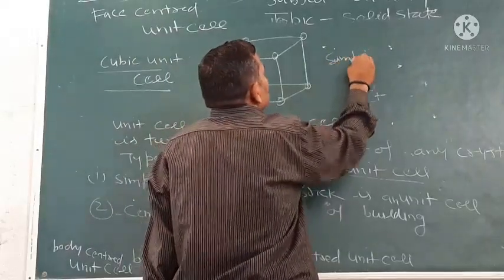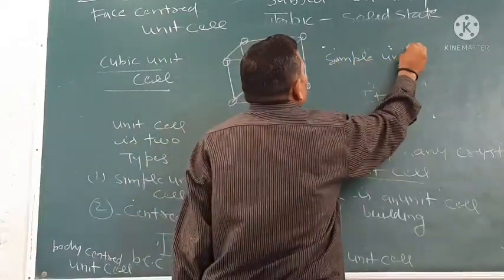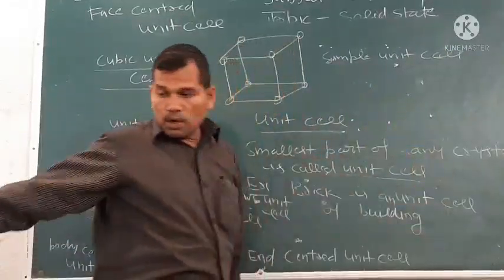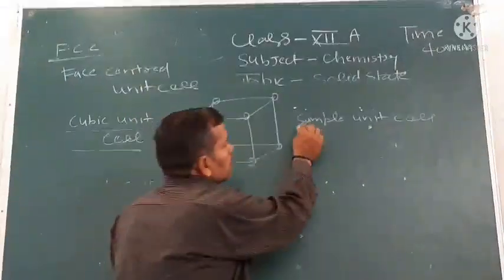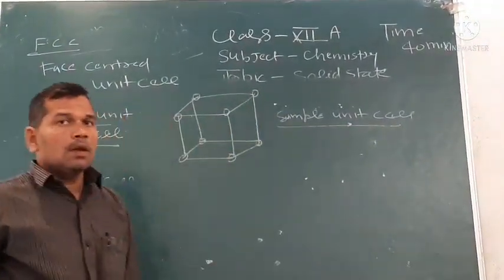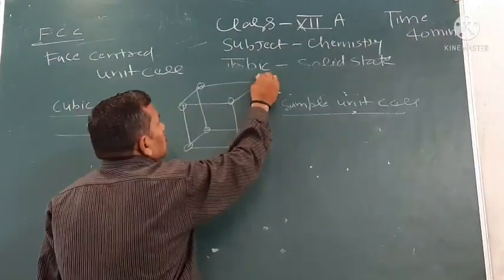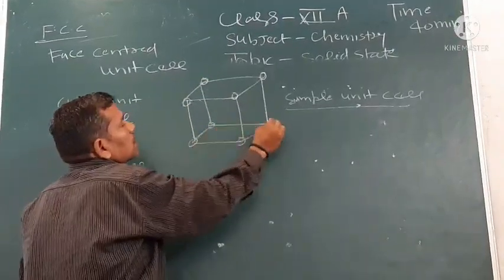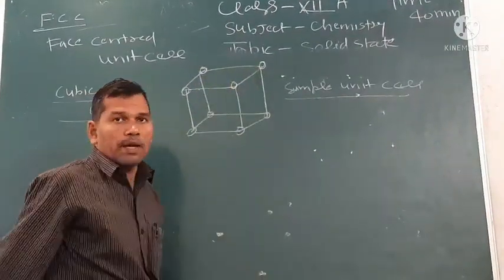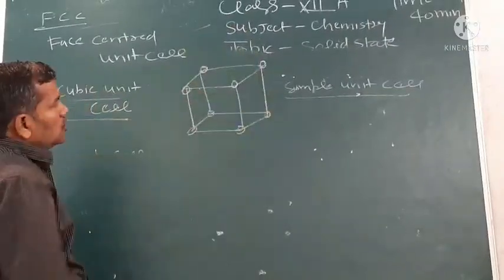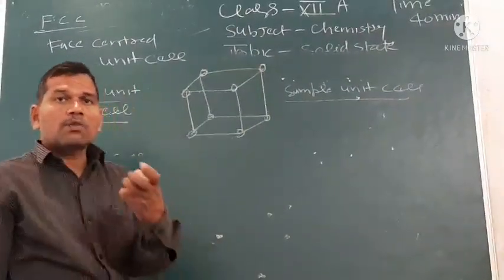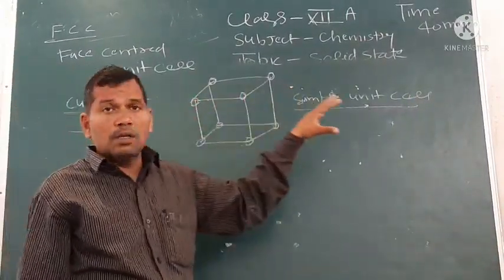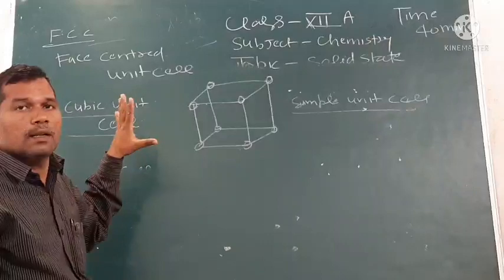Those points are called lattice points. When atoms of the unit cell acquire the corners of the cube, it is called a simple unit cell.